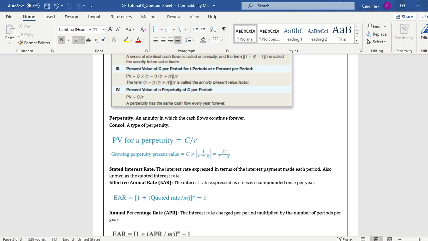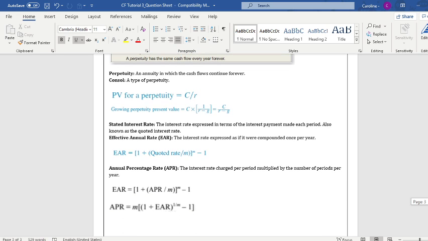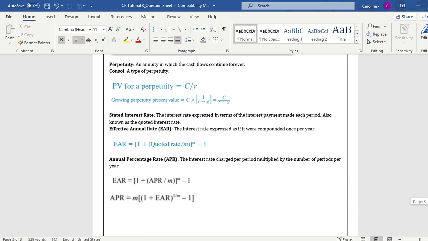Another important thing that you should understand is that if we want to calculate the present value of an annuity or a perpetuity, the present value that we find is the present value one period before the cash flow starts.